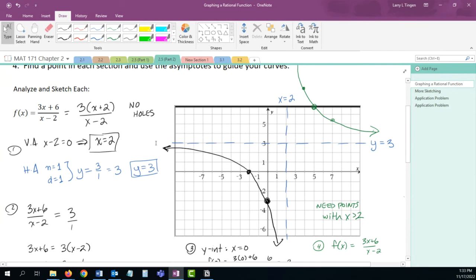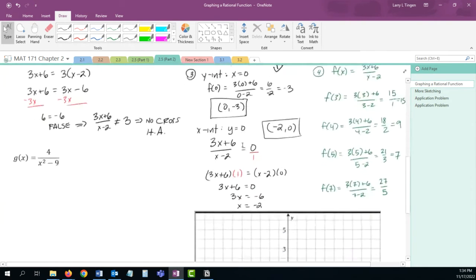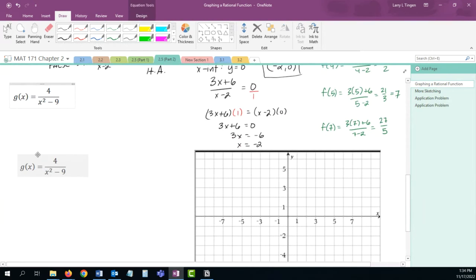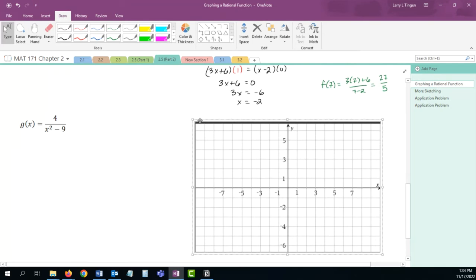That's why we do those test points in each section, just to make sure: am I above the horizontal asymptote? Am I below it? And then have I done the other stuff right? A lot of information, I know, but it will all come together with more examples.